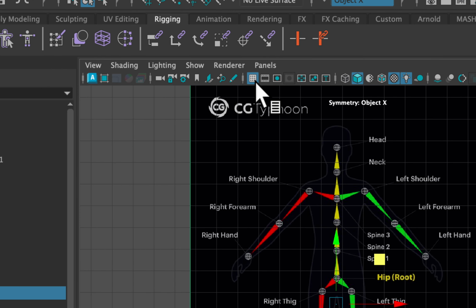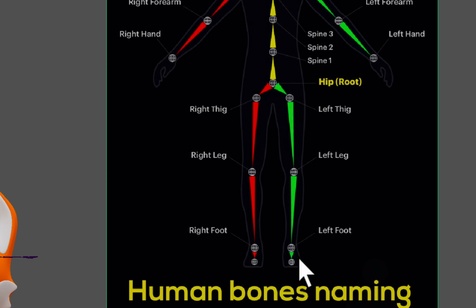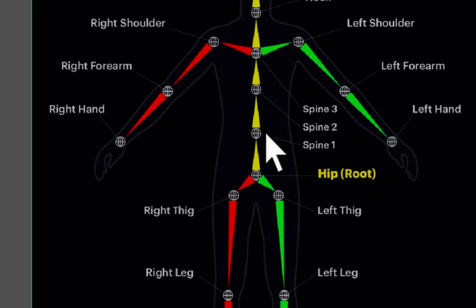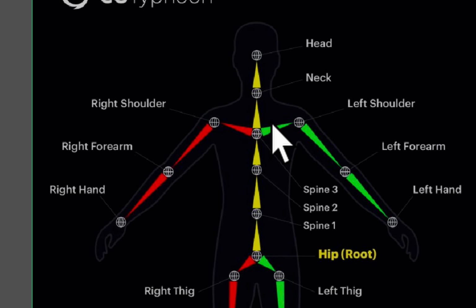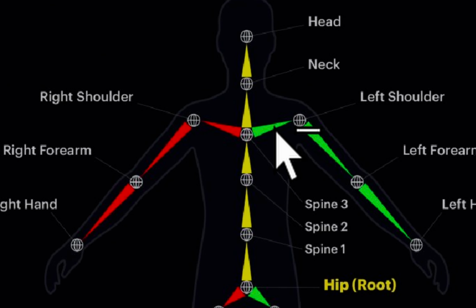Let me turn off the grid. So we have the hip, which controls the whole rig. Then we have the left thigh, left leg, left foot, and then we have some spine joints. So we have spine 1, spine 2, spine 3. Then we have this pelvic bone right here.